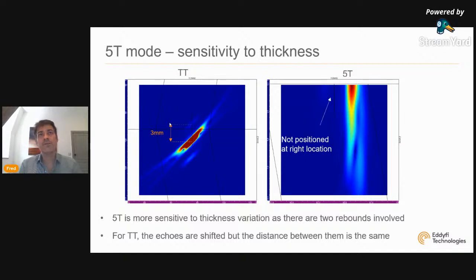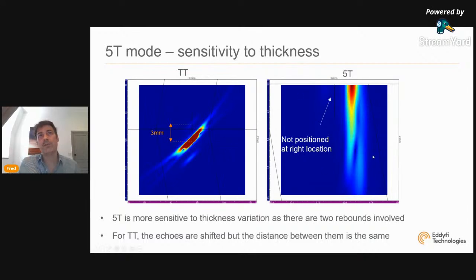What's happening here on the 5T is interesting. It's a little bit different compared to the 3T. Actually, this 2mm error, which would be about 4% of the travel path, my defect is supposed to be here. And now it's positioned after. It's not even positioned at the right location, which is okay. It's not a big deal if I'm not positioning the defects at the right index position.